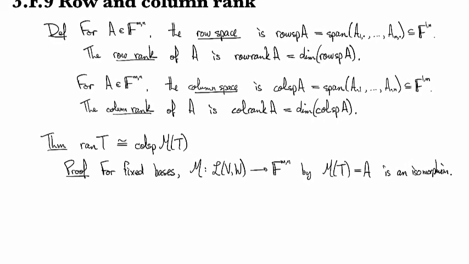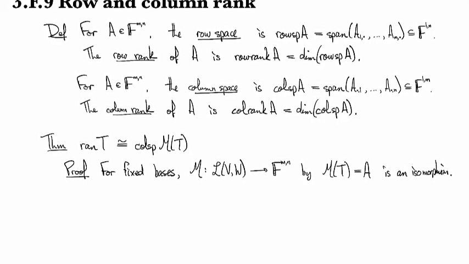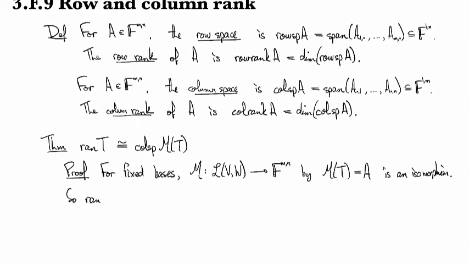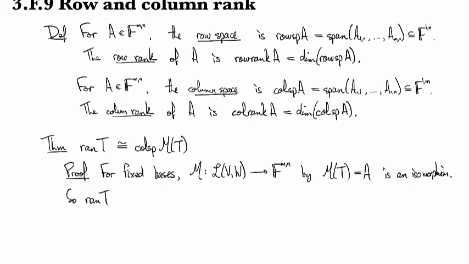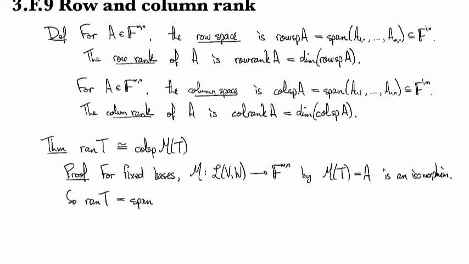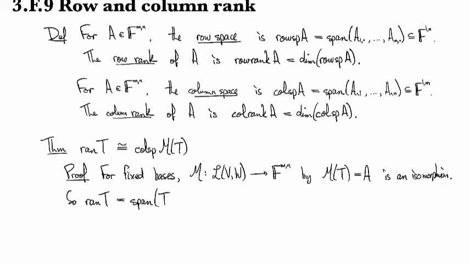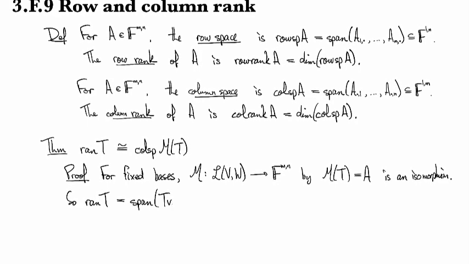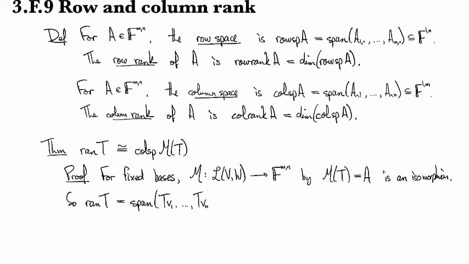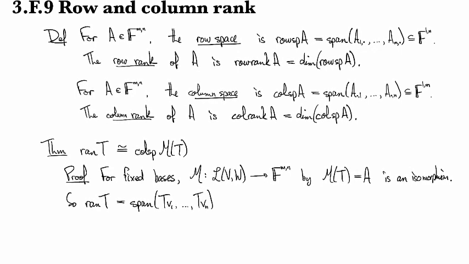There we go. And so what that means is that if we look at the range of T, this is the span of Tv_1 through Tv_n, right?